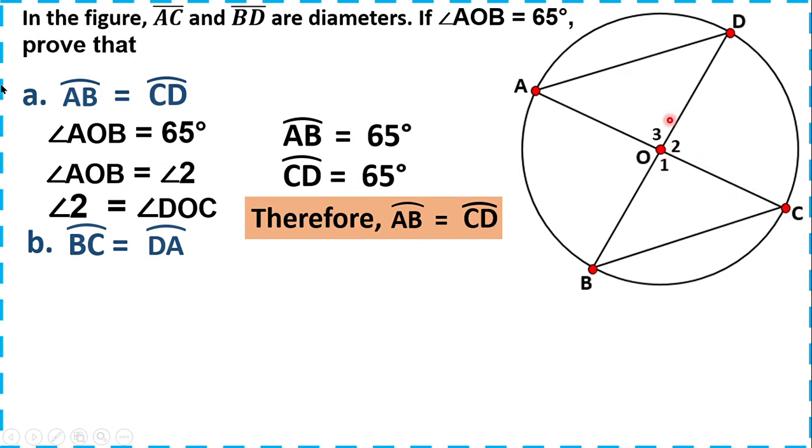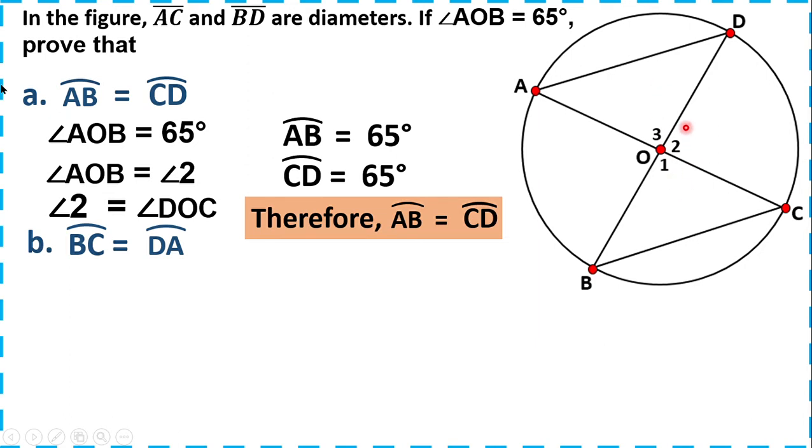They are vertical angles: angle 3 and angle 1, or angle AOD and angle BOC, form vertical angles. So, they have the same measure.